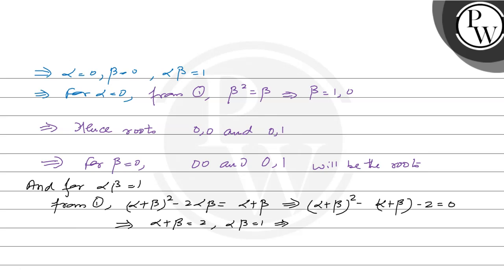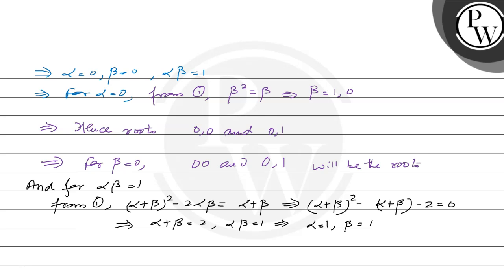You will be getting alpha equal to 1 and beta equal to 1. Am I right? And alpha plus beta minus 2 is coming from here.